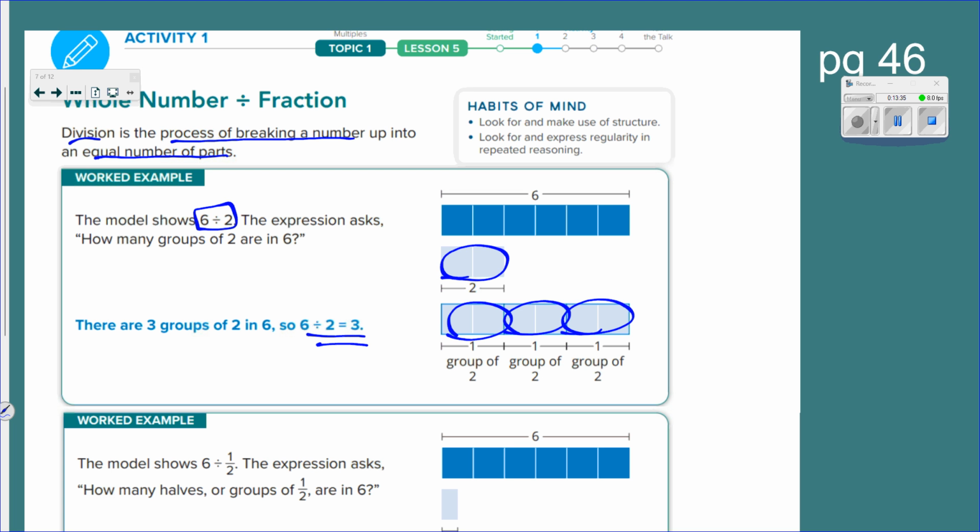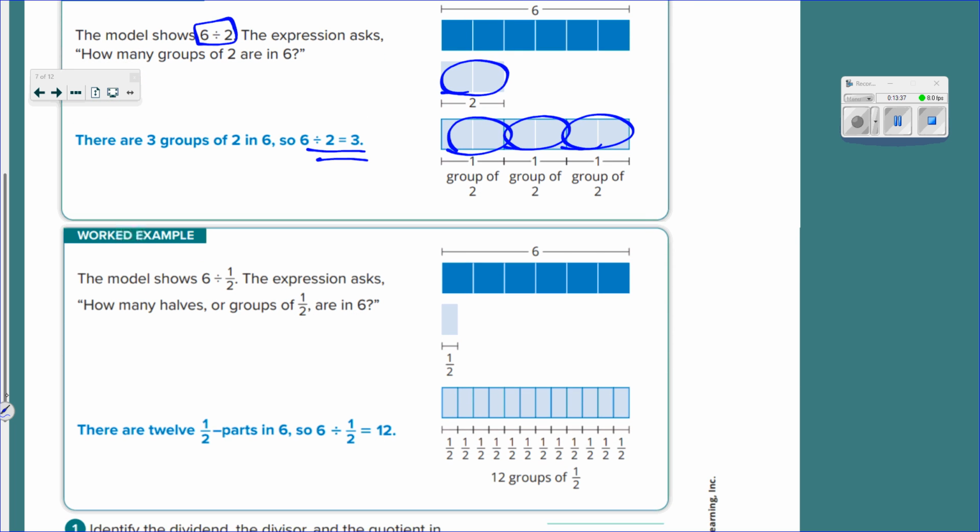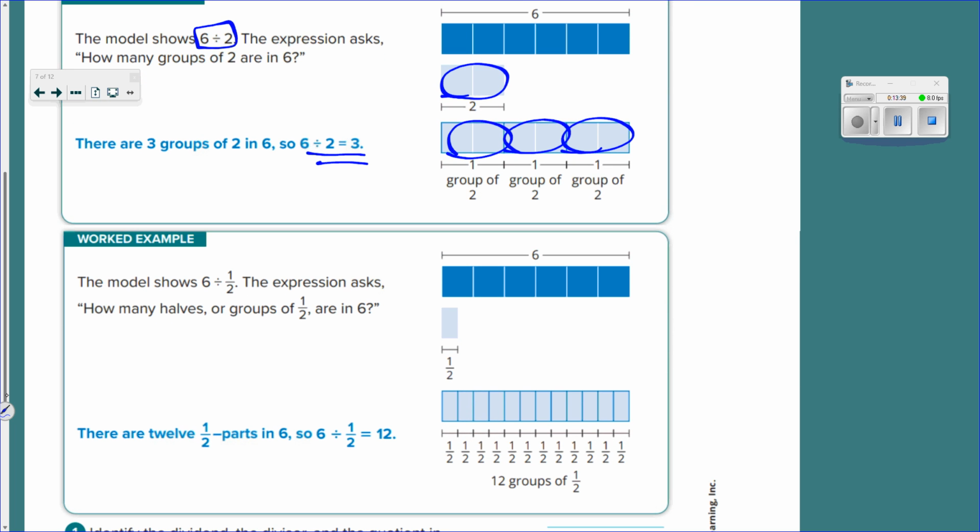Good. Okay. So is everybody okay with this model and what our result was? Everybody understand it? Okay, so now here's where it gets conceptually a little more difficult. Because now I'm going to take 6, group of 6, same group I started with, right? But instead of breaking it into groups of 2, I'm breaking it into groups of 1/2.